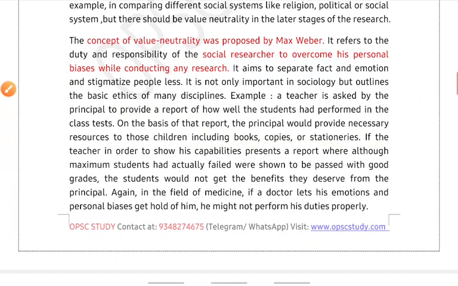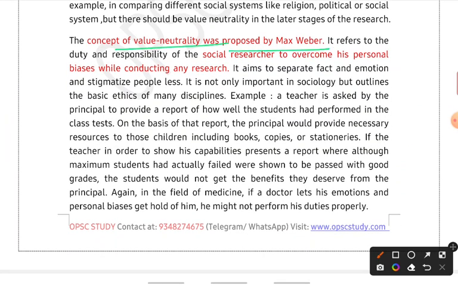So the concept of value neutrality was proposed by Max Weber in social research to overcome personal bias while conducting any research. In conducting research, a person should not be putting his values in it, because if values are attached, then the objectivity will obviously be different. So the means to that particular objectivity should be value neutral.